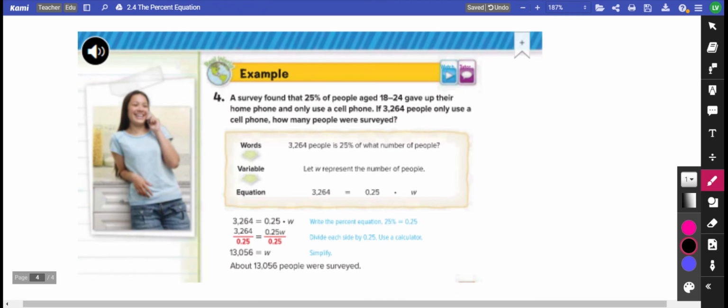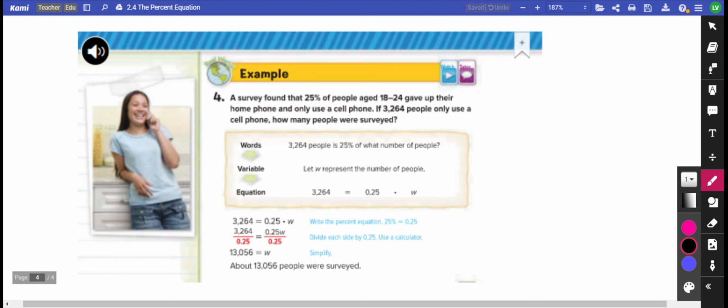Example 4. A survey found that 25% of people aged 18 to 24 gave up their home phone and only use a cell phone. If 3,264 people only use a cell phone, how many people were surveyed?